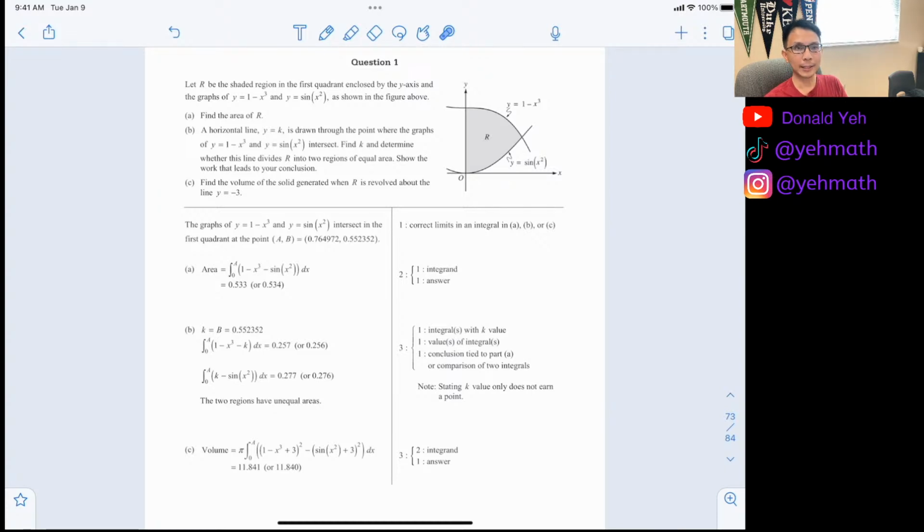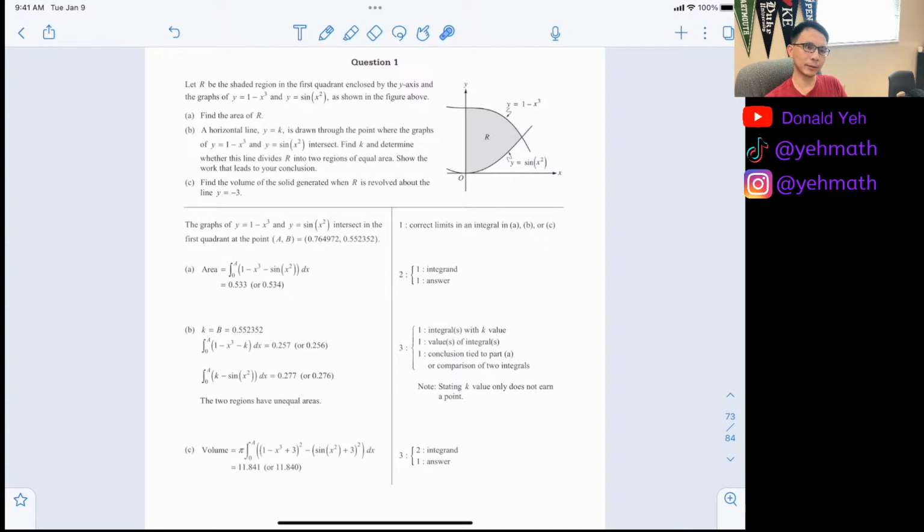No, they said horizontal line drawn through the point where the graph of 1 minus intersects. Find a K and determine whether this line divides R into two equal areas.